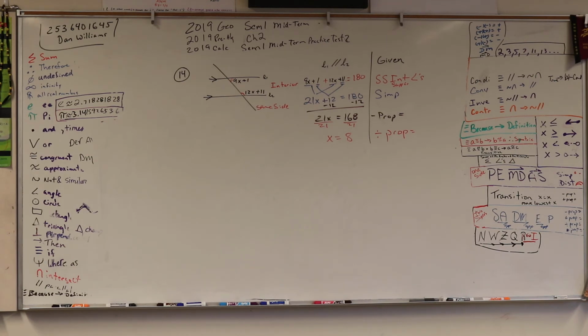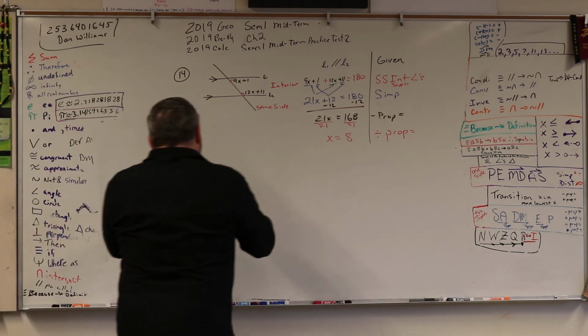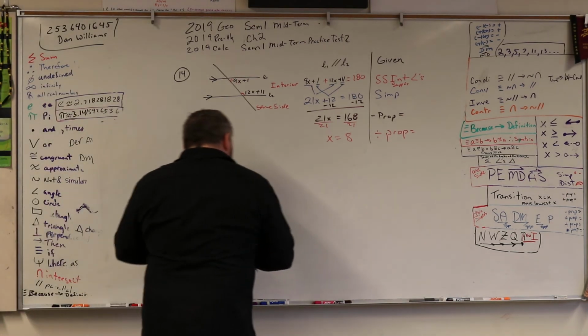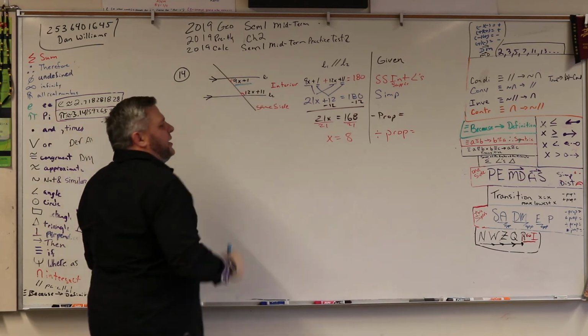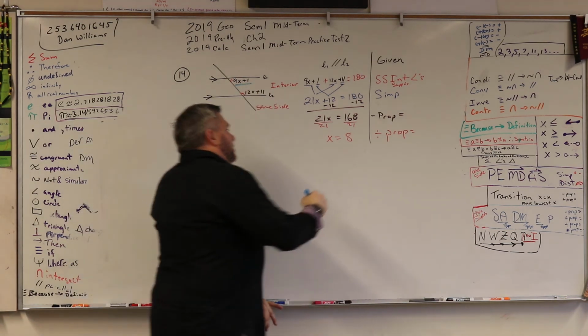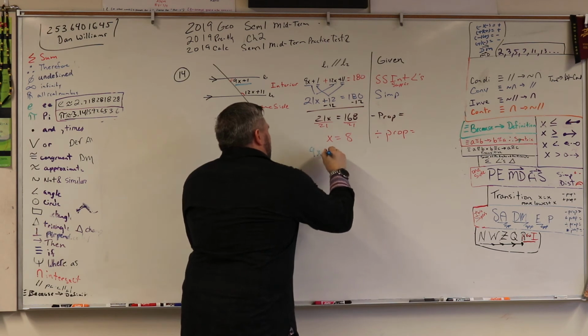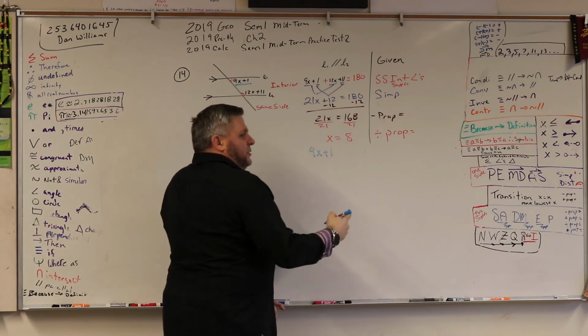Remember the problem says: find the measure of the bold angle. And the bold angle is the 9x plus 1. So the bold angle is this one right here. So they want us to get this, 9x plus 1.